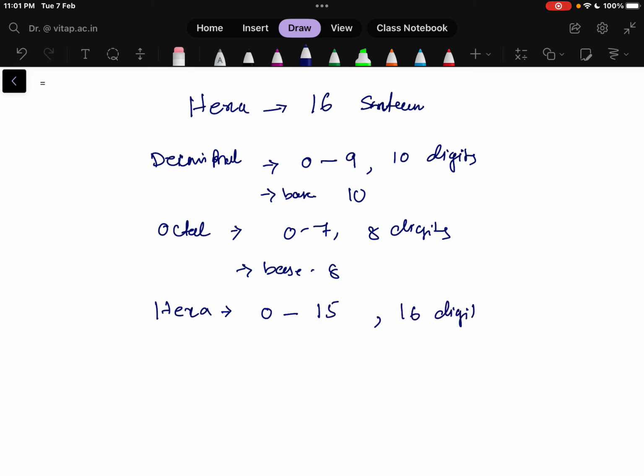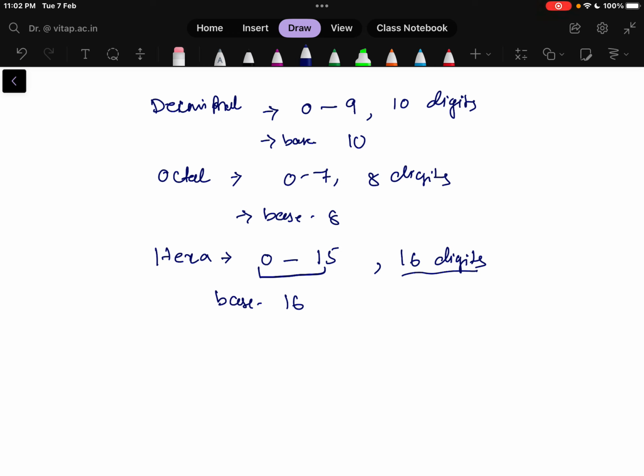Now the problem here is that we are saying 16 digits or 16 characters are used to represent the hexadecimal number system. That means there will be 16 characters, starting from 0 till 15, but there is a problem. So what is the problem? Let us see. I can write 0, 1, 2, 3, 4, 5, 6, 7, 8, 9.